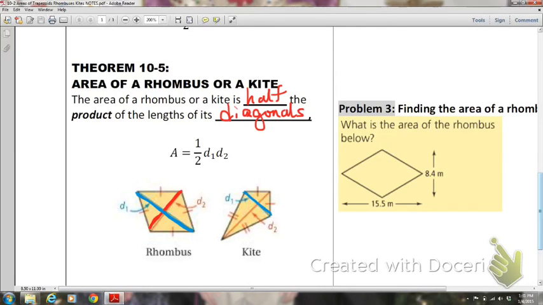Going to have two non-consecutive vertices that are connected from one diagonal, and then the other diagonal is the other set of non-consecutive vertices. So once you identify what the diagonals are, if you know the lengths of the diagonals, multiply them together and take half. And that's going to be the area of the rhombus or the kite. So let's look at some problems.